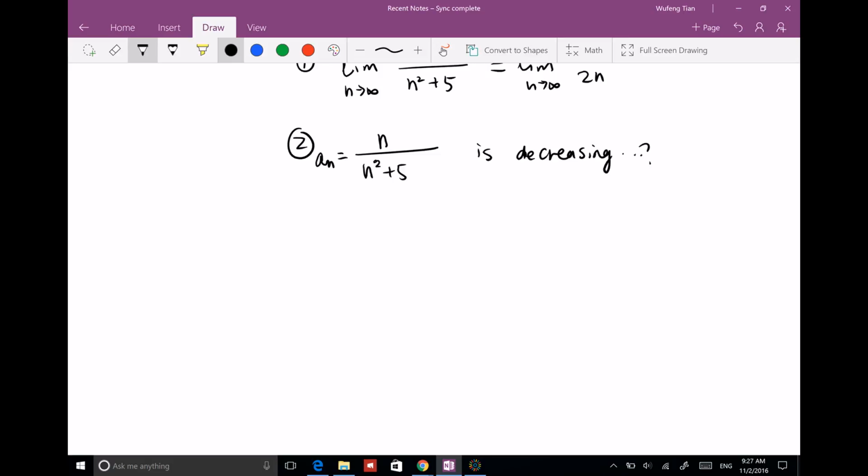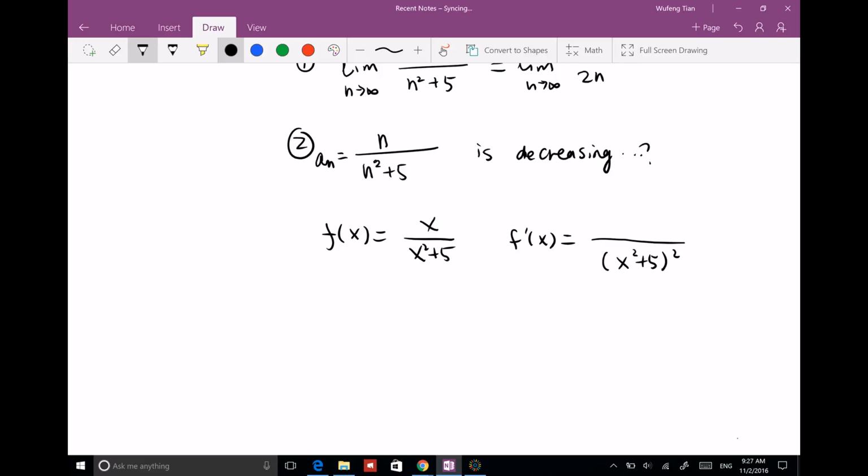If I let f(x) equals x over x squared plus 5, the first derivative equals, because of the quotient rule. The quotient rule is (u over v) prime equals u prime v minus u v prime over v squared.